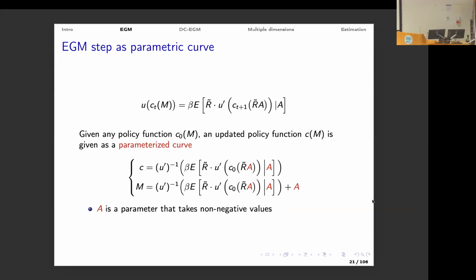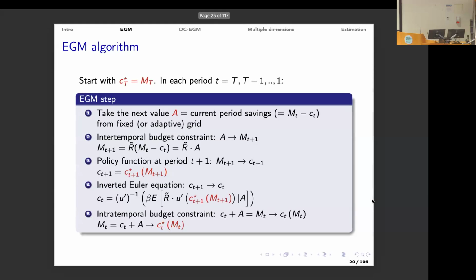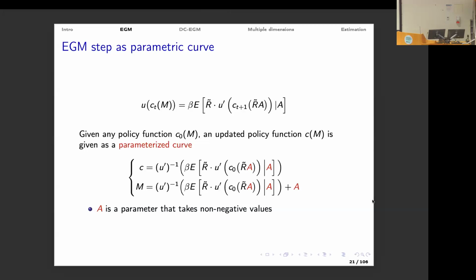So you have a parameter A, and that just traces out this function that you're interested in, the function C of M. And now you can basically fix a grid over A. Oh, I don't know, adaptively come up with points A using some additional algorithm maybe. And recover these pairs of endogenous values of the state together with the optimal consumption. Okay, are there any questions on this?